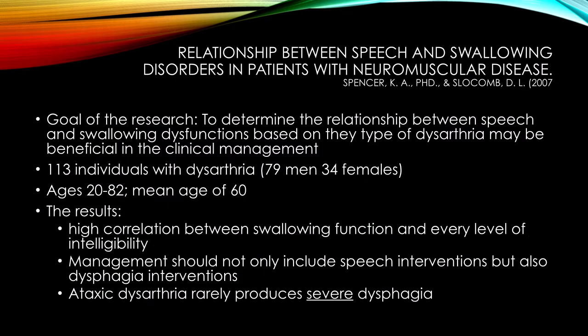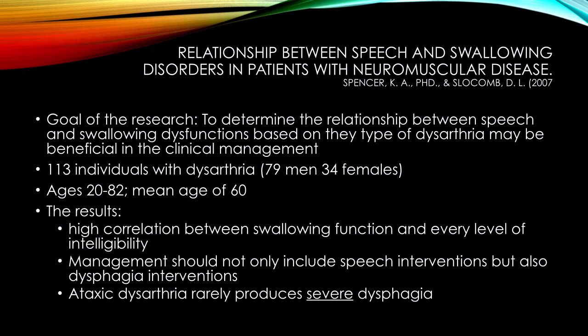In 2007, a study was conducted designed to collect and analyze information regarding swallowing disorders in dysarthric speakers after the onset of a variety of neuromuscular diseases. It focuses on a systematic approach for determining the relationship between speech and swallowing dysfunctions based on the type of dysarthria that may be beneficial in the clinical management of these individuals. The study contained 113 individuals with dysarthria, 79 men and 34 females.